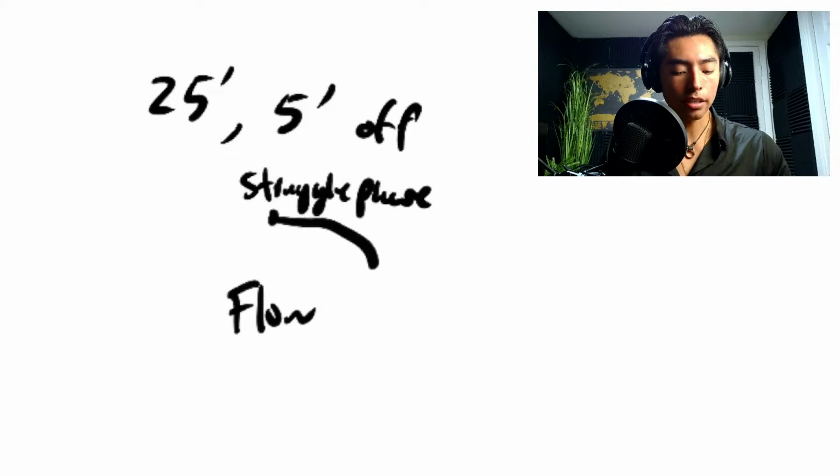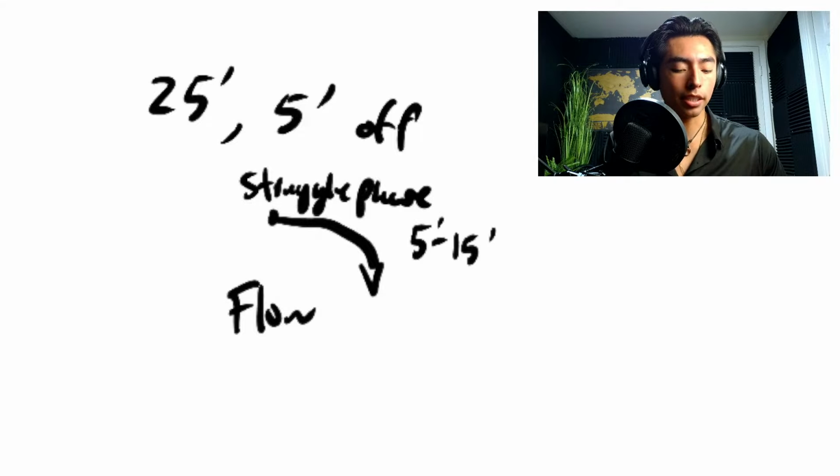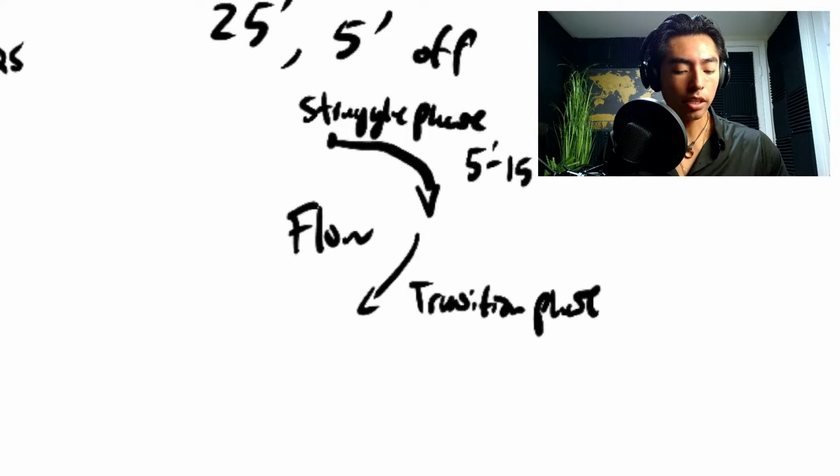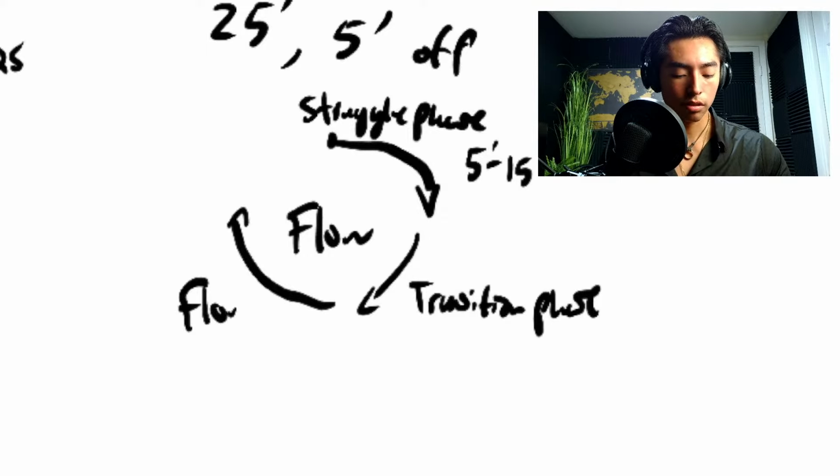And that can last anywhere from like 5 to 15 minutes, roughly, depending on how often you practice getting in flow. And then after that, it's the transition phase. And this is where you shift into flow. And then you have the recovery phase.